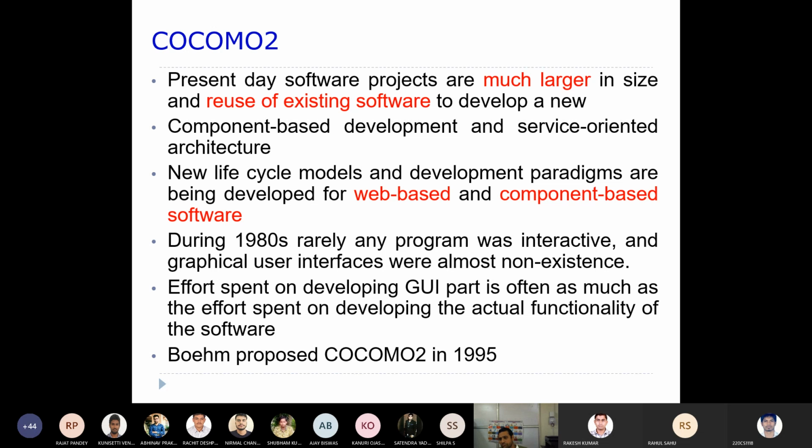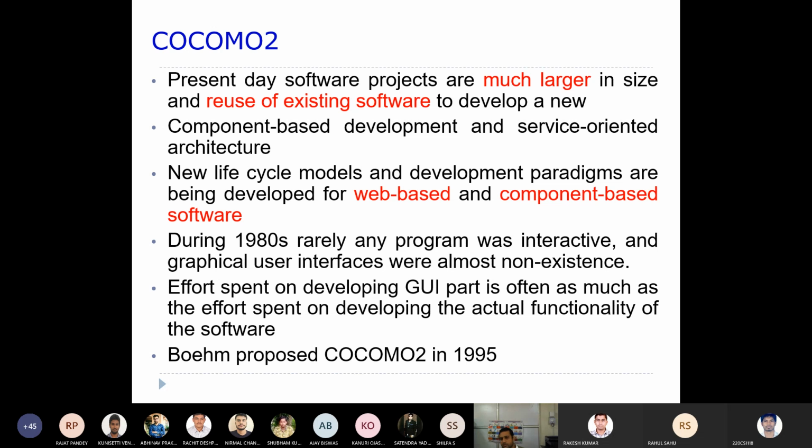That means the GUI has greater importance nowadays, but previously it was not like that. In the early 1980s it was not thought of as important, because graphics were not supported and we were still into the developments. Today graphical things are very important.